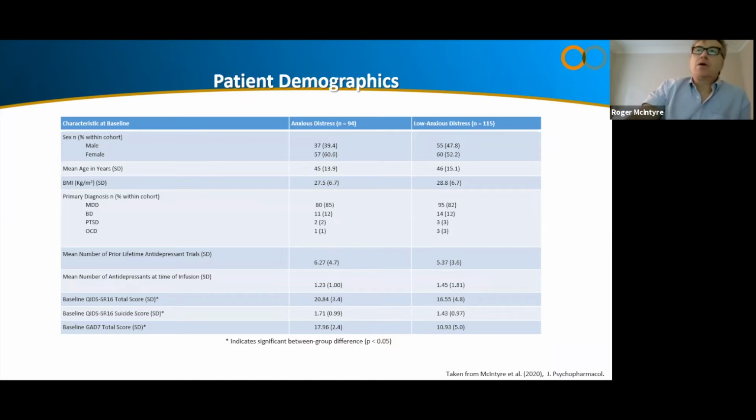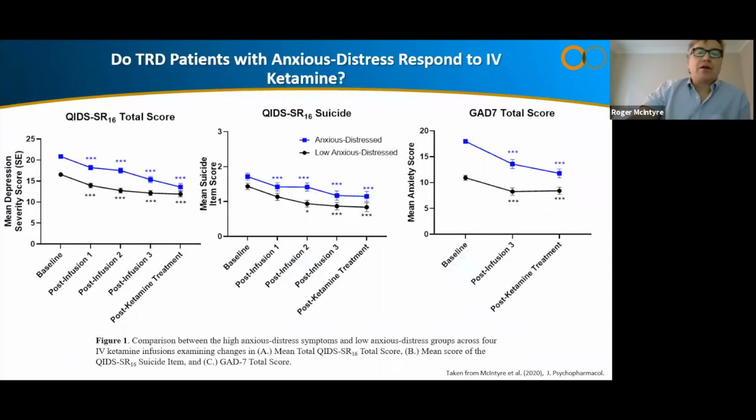The secondary questions, plural, were the effect on SI, suicidal ideation, as well as the effect on the GAD-7. So again, two groups defined as anxious or low anxious, for lack of a better moniker. These were individuals who did not meet the criteria for the anxious distress specifier, and anxious distress met the definition.